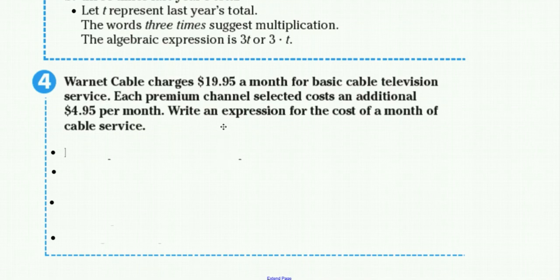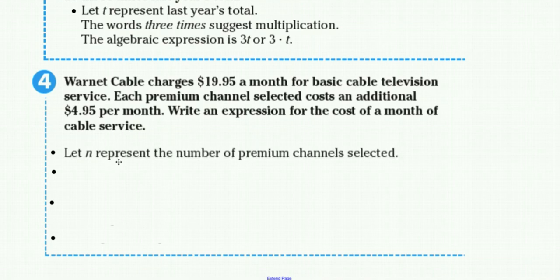It's asking for an expression for the cost of a month of cable service. Let's review our word problem. The cable company charges $19.95 a month for basic cable television, and each premium channel selected costs an additional $4.95 per month. So what do we know?